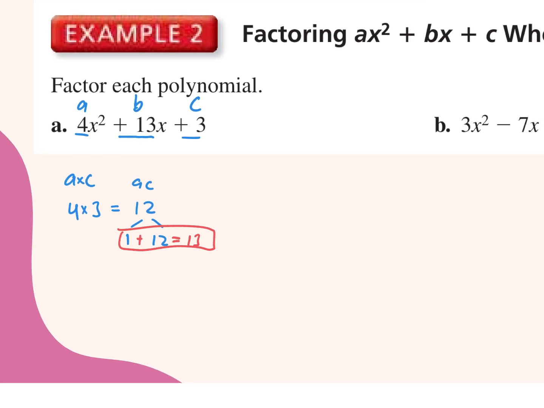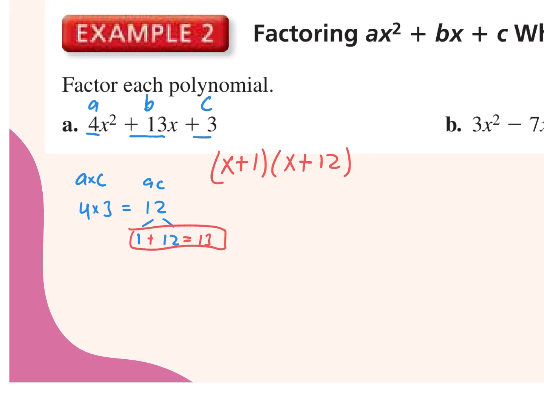So what you can do in this case is do it the same way that we did before. So we're going to do x plus 1 and x plus 12. The only difference, since I have a number in front of my x squared, in this case a 4, is that I'm going to divide each of these numbers by 4.